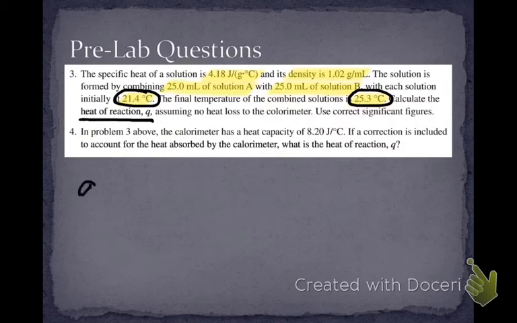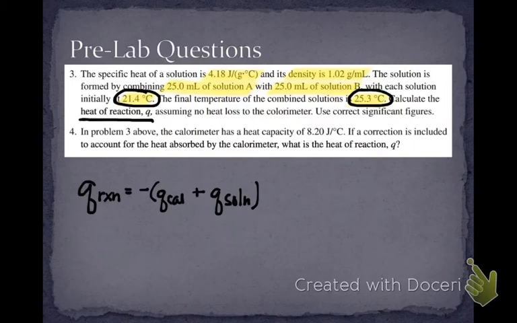And it says that the Q of the reaction equals a negative Q of the cal, or calorimeter, added to whatever we calculated for Q of the solution. And we're going to use that calculation to determine the Q of the reaction. So in this case, we're taking into account that heat loss to the calorimeter.